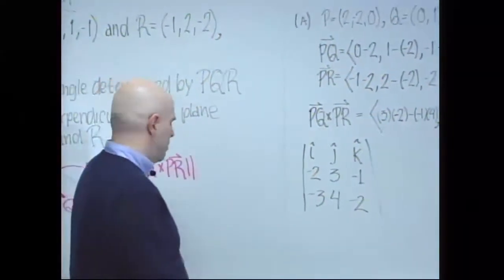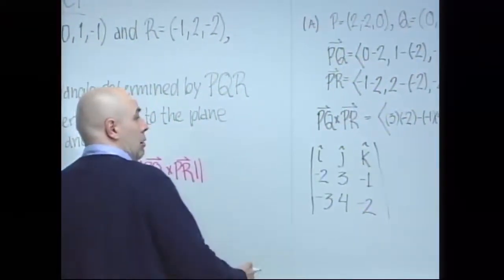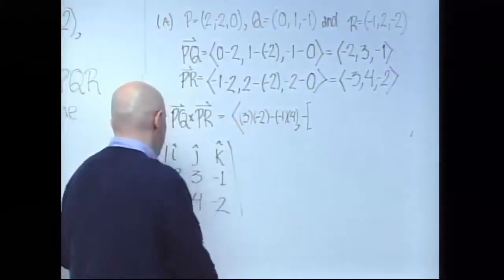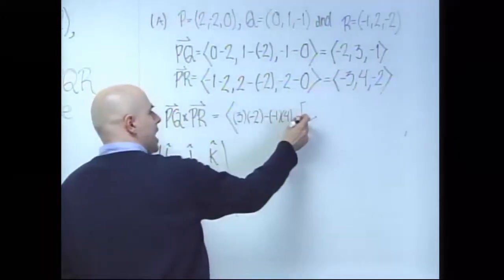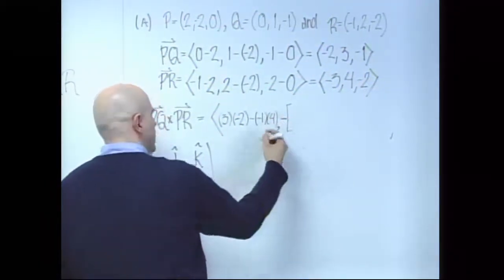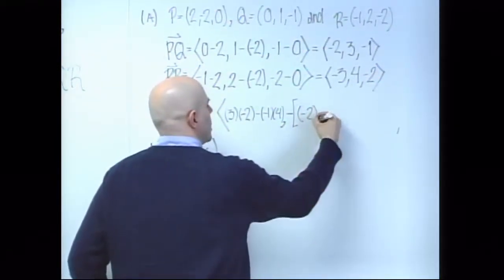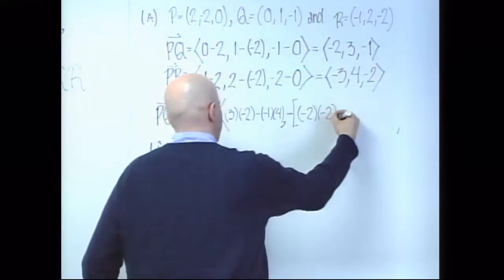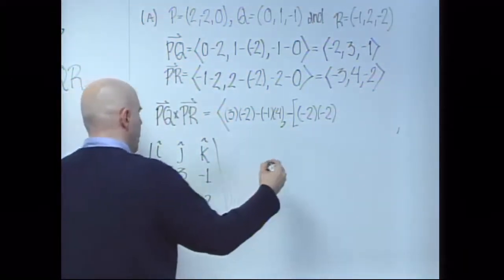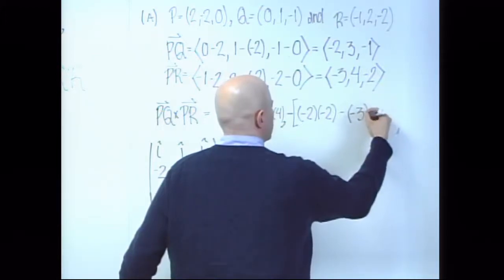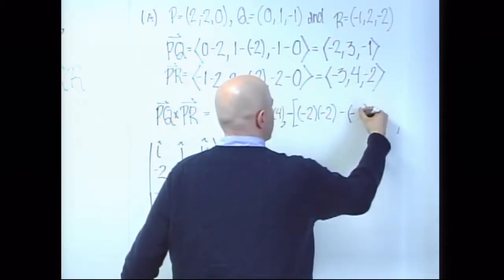Oh, I may need more space. Probably I will need some more space, so I'm going to just put more space over here. So the next one is negative, so this negative is in the second component, and now we're going to do -2 times -2 and minus -1 times -3.